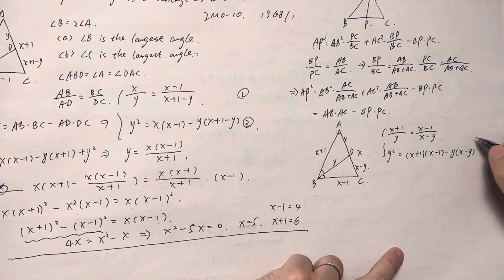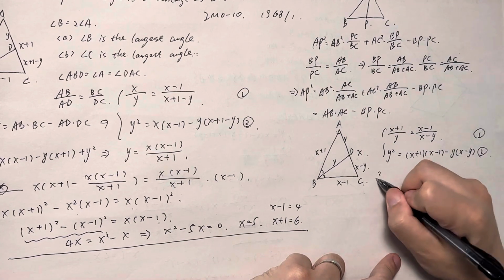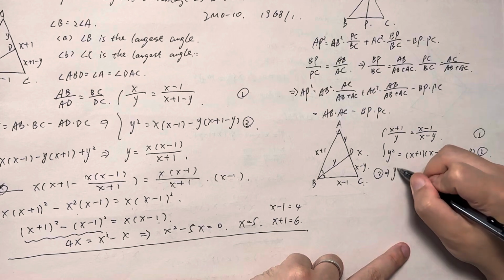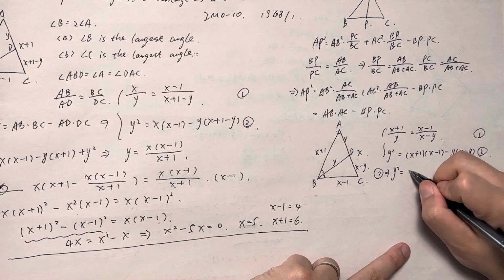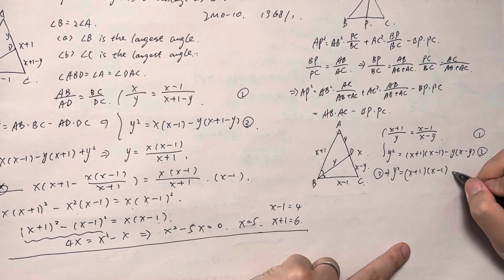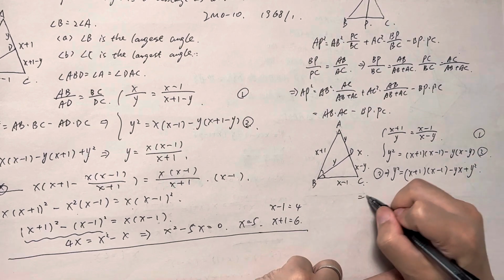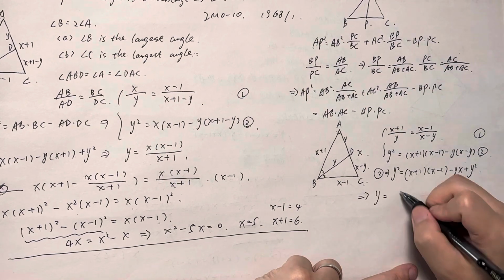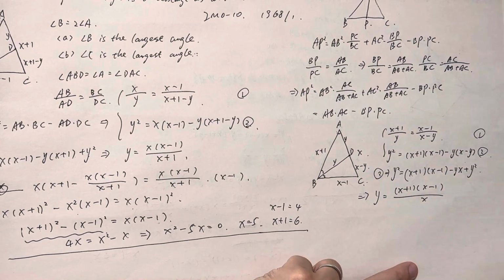So from the second equation, we got y squared equals 2(x plus 1)(x minus 1) minus yx plus y squared, which means y equals 2(x plus 1)(x minus 1) divided by x.